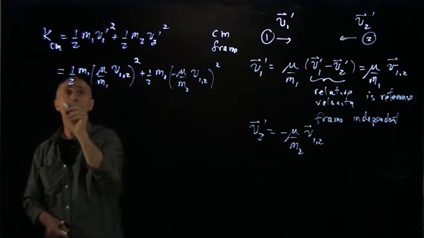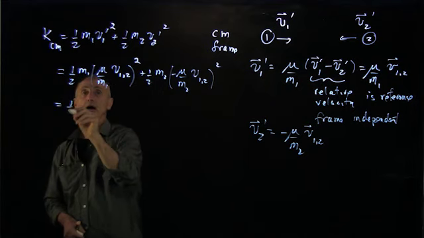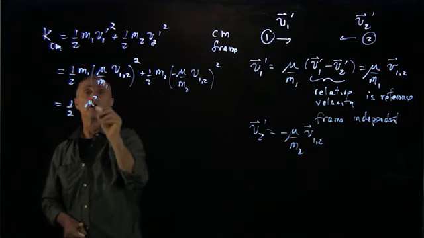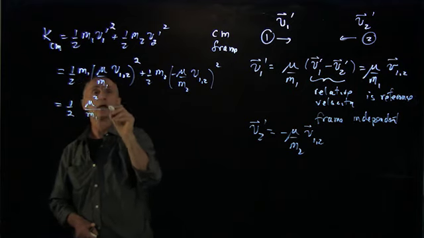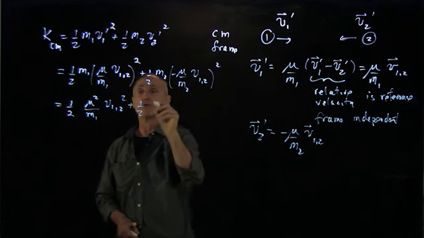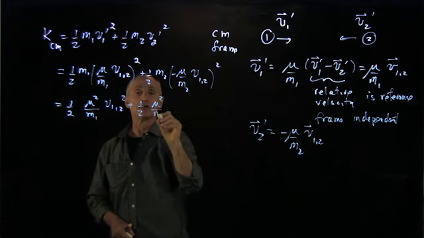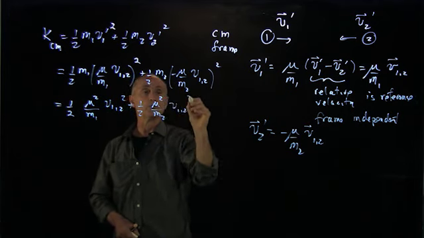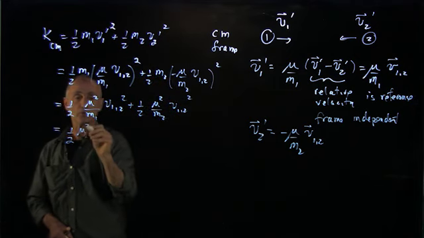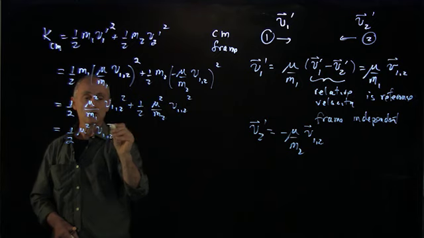And now what we have is a half. One of the m1's cancels, so we have mu squared over m1 v12 squared plus 1/2 another mu squared over m2 times v12 squared. So I pull out the common terms, mu squared v12 squared.